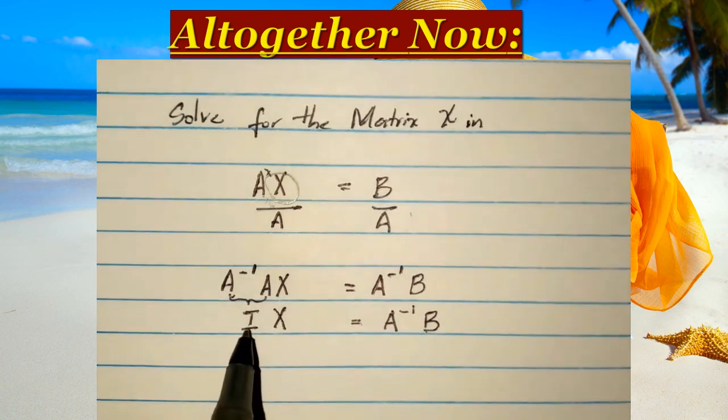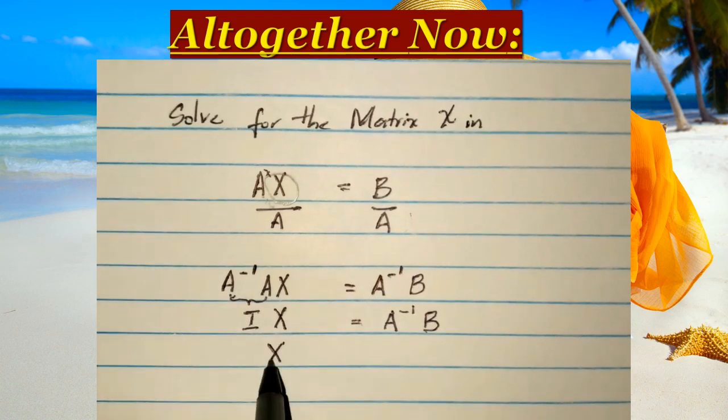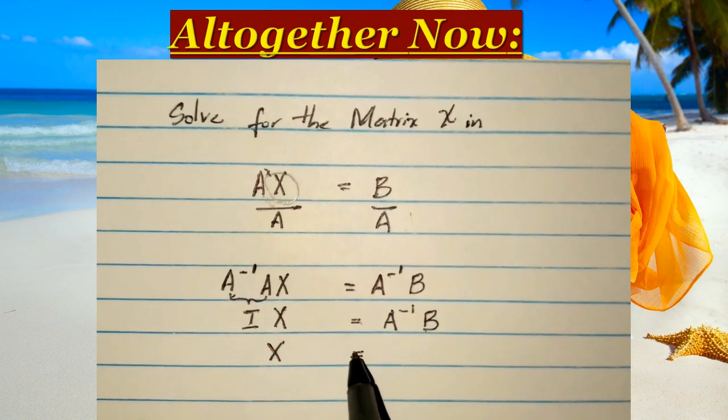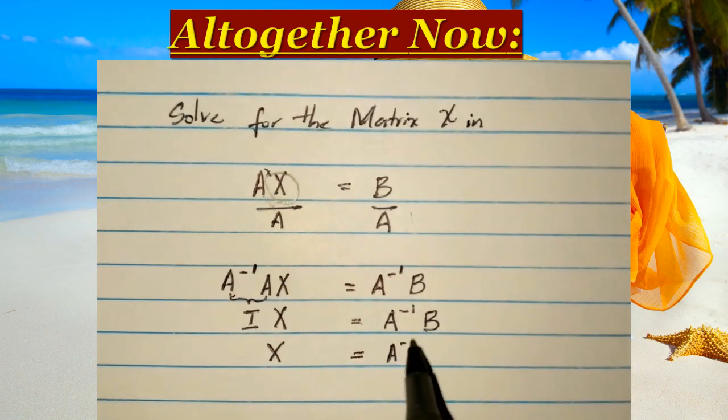So the identity matrix multiplied by matrix X is going to give us matrix X. And matrix X we can calculate as the inverse of A multiplied by B. Very easy.